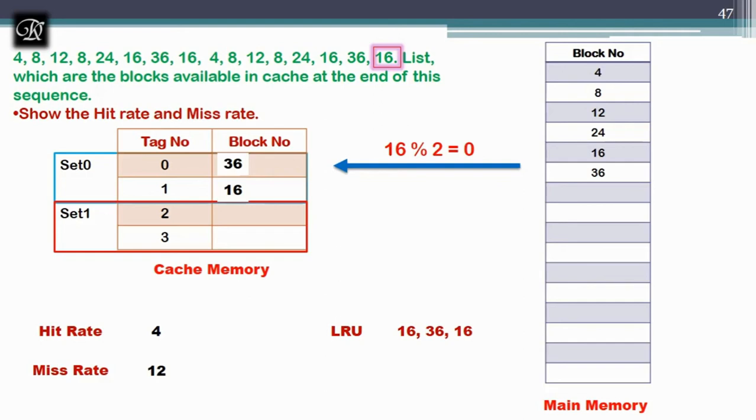It should not always be true, but I have taken this example to show how, with the combination of direct mapping and associative mapping, we can bring up a new mapping technique called set associative mapping, which is used in the memory mapping in the cache.